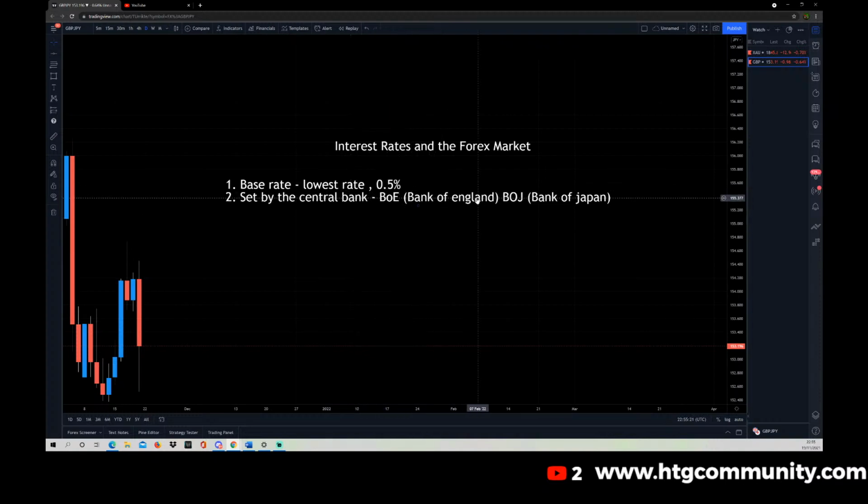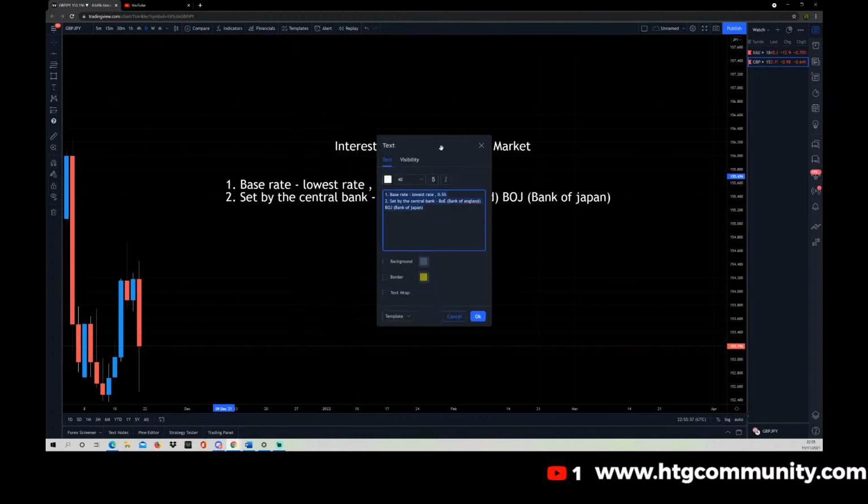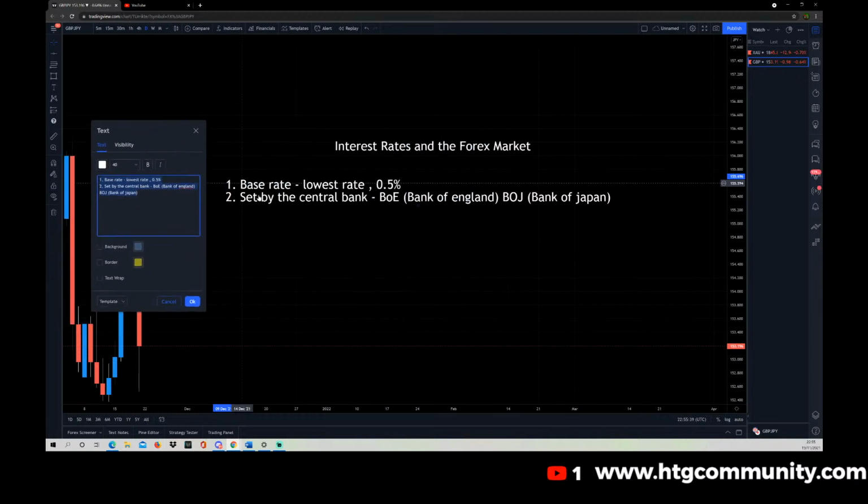The Bank of England would be your pound, and the Bank of Japan would therefore be the central bank for the Japanese yen. So that's who sets the actual interest rate, which is the central bank, and they set what is known as the base rate.